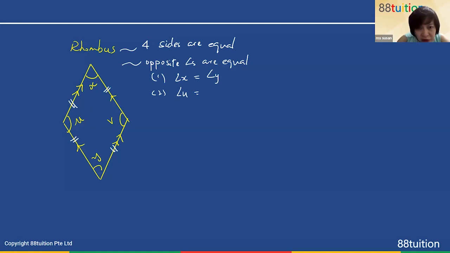Write down in the chat function here. Which two angles are the same? M and what? No M. There's no M. This one is U. This one is U. U and opposite? This one is N. Very good. Haihan, thank you. Okay, so X equals Y, V equals U.